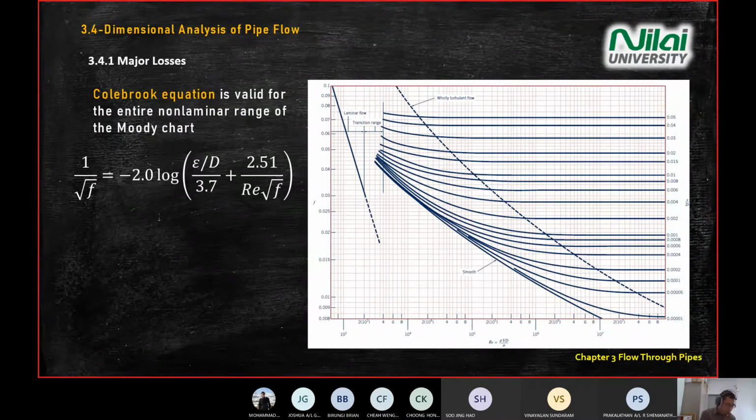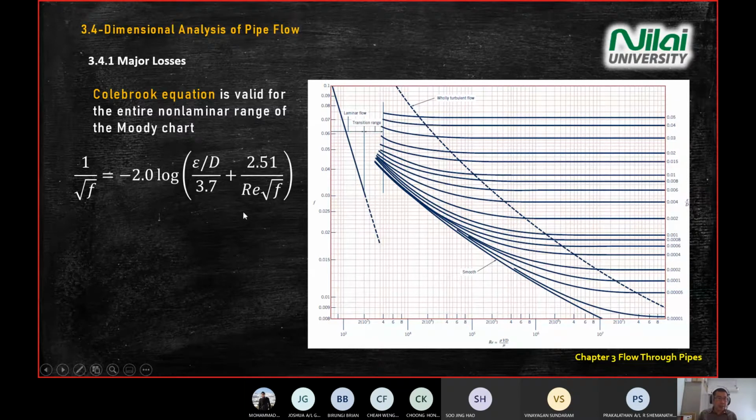So 1 over square root of friction factor equals -2 log of the surface roughness divided by d, which is on the right hand side axis, divided by 3.7, plus 2.51 divided by Reynolds number times the friction factor again.